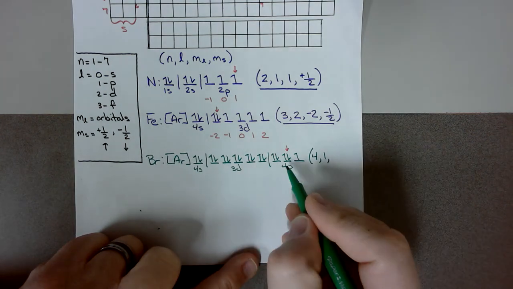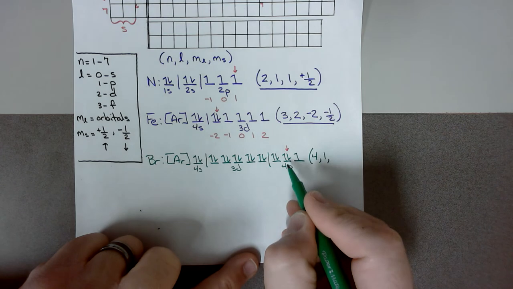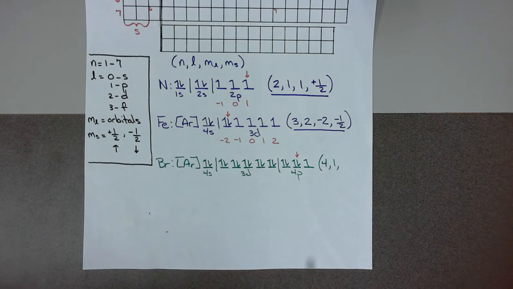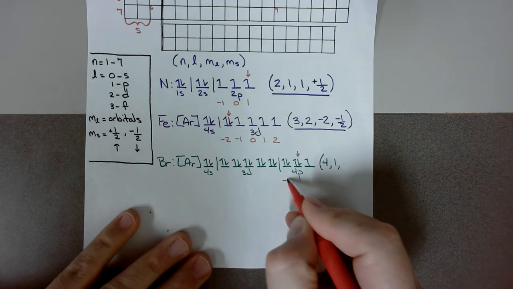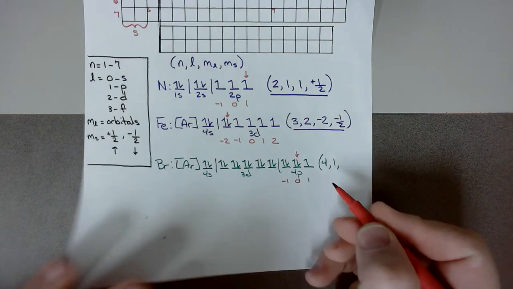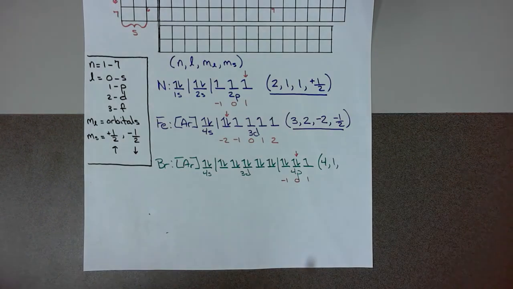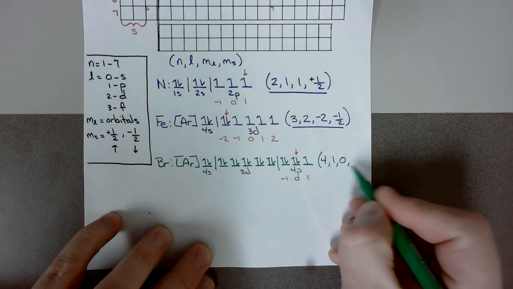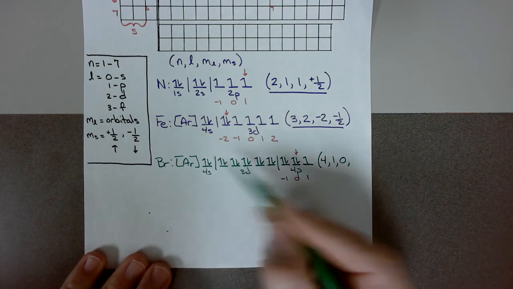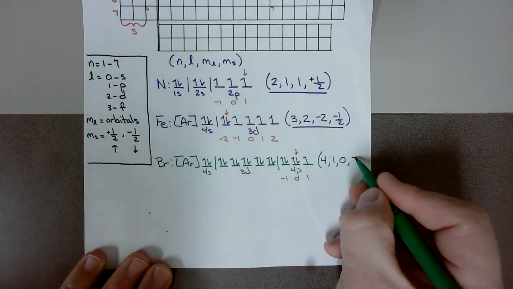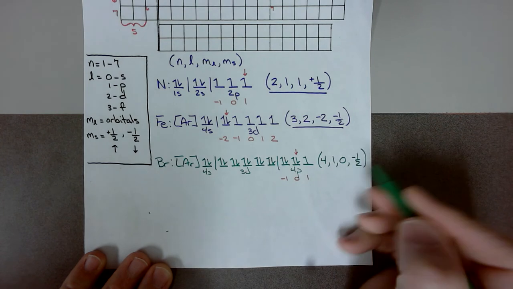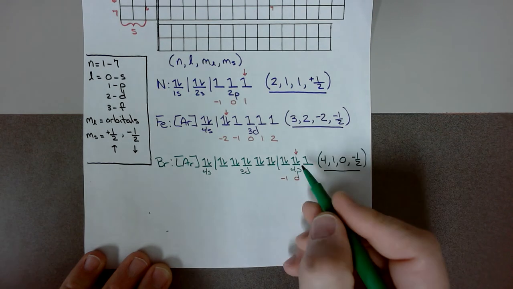Then the orbital itself that it is in: let me write those out again so we don't forget. -1, 0, 1. So it's in the 0 orbital. And it is a down spin, so I'm going to put a -1/2. And that's my quantum set for that electron.